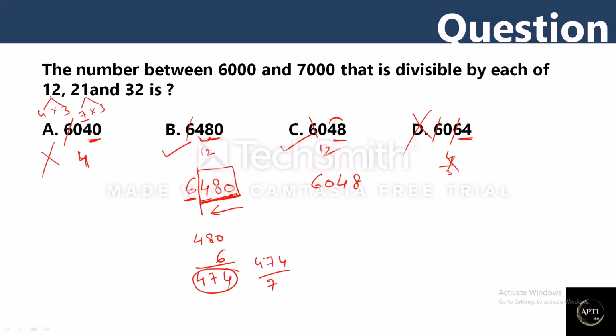If you check, 7 6 times is 42, and here 54 is left out. 7 8 56, so it is not satisfied. So 6480 is not divisible by 7.